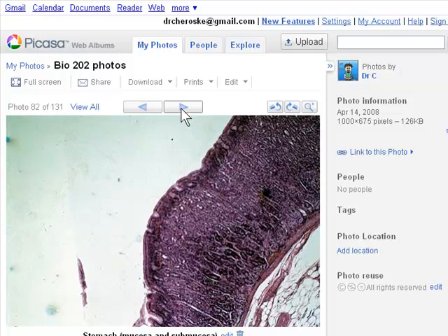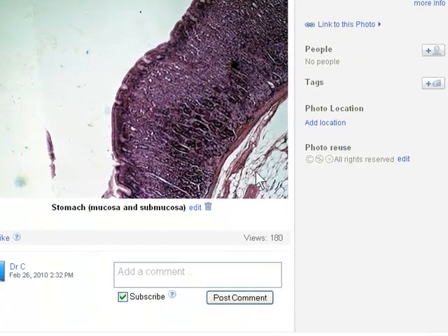And when they look at these, they're going to need to find the four layers of the alimentary canal in each one, which is basically the tunica mucosa, the submucosa, the tunica muscularis, which is down below that, and then the tunica serosa. Now, in most of the slides, what they're going to see is just the tunica mucosa, submucosa, muscularis. Serosa is a very, very thin layer on the outside, the serous membrane. So most of the time, they won't see that. So they need to find that in all three of the slides.